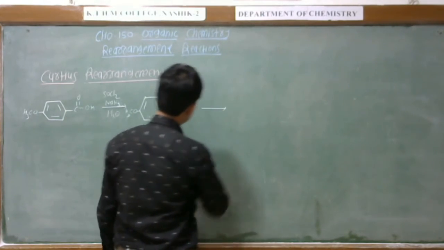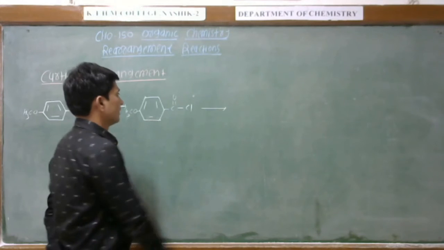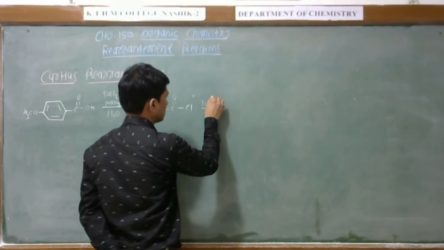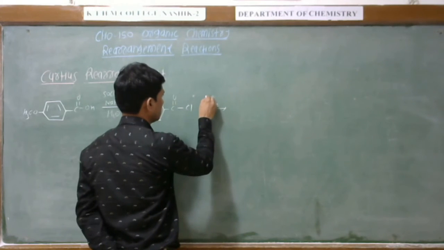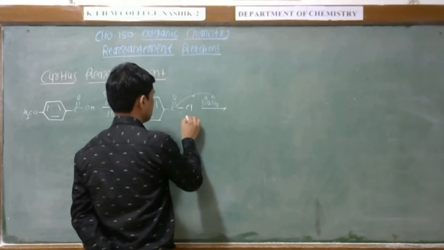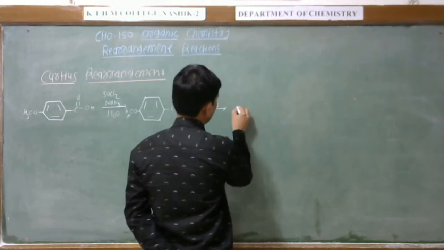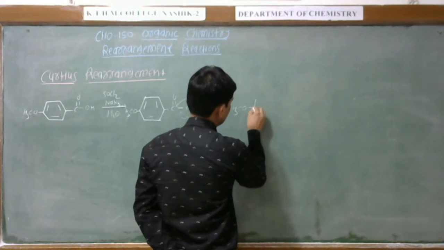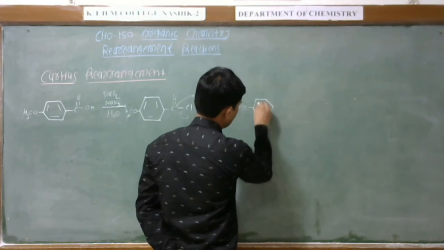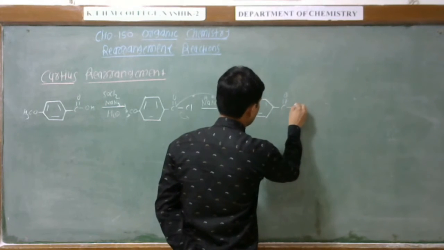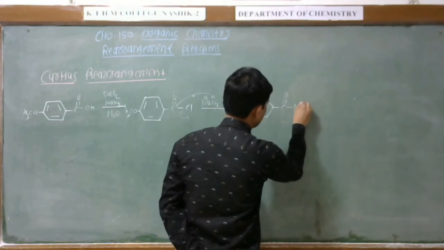When this acid chloride reacts with sodium azide, this is the sodium azide, this N3 negative charge, sodium positive charge, and by attacking there this Cl will be removed, and we got here OCH3, the phenyl, and C double bond O, N3.